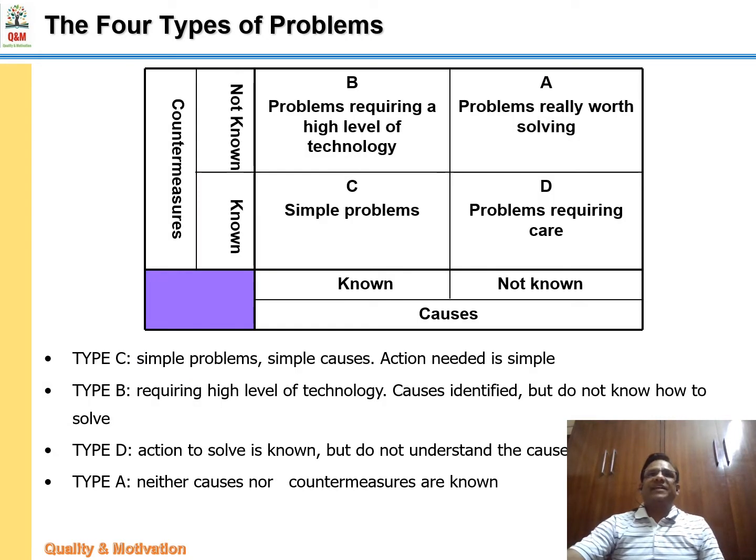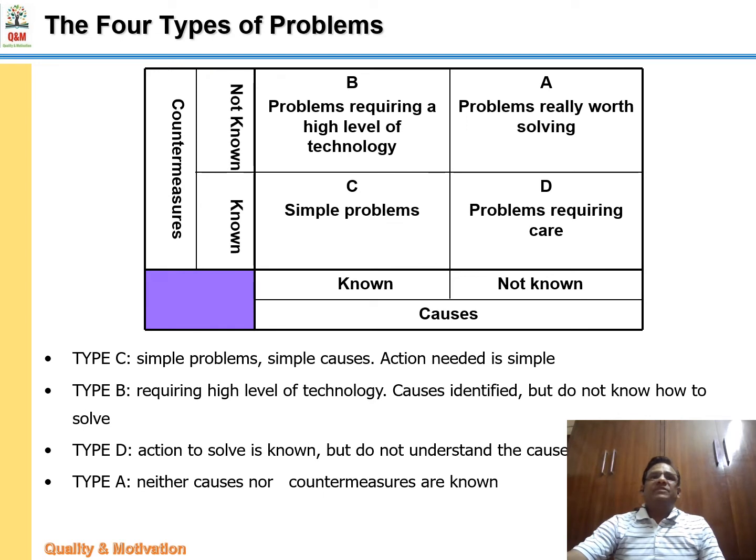Now let us understand types of problem. With this matrix, we can define problems in 4 categories. As you know very well, each problem has causes and it has its countermeasure.